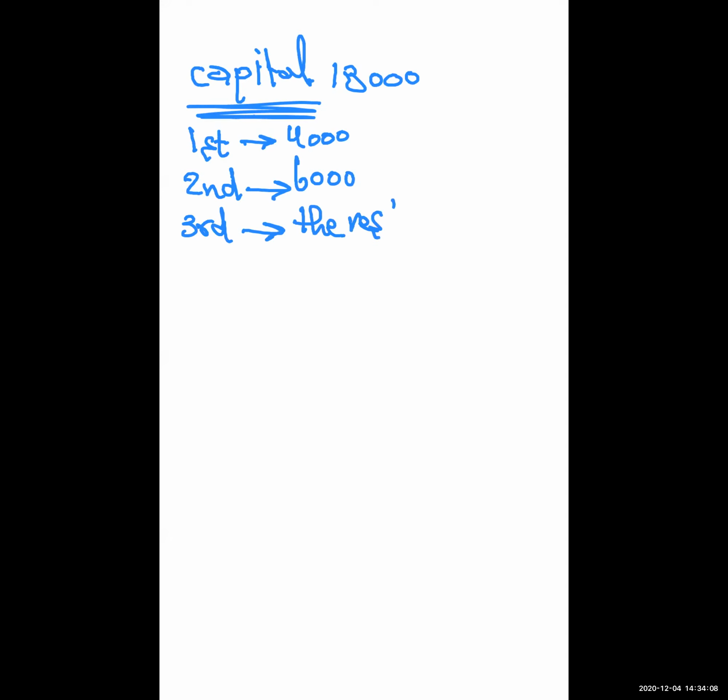Okay. What's the meaning of the third paid the rest? This means, guys, the total amount is 18,000 for this project. The first paid 4 and the second paid 6. The third paid the rest, means he paid the remaining amount from this 18,000. So how much did the third pay? He paid 18,000 minus 4,000 plus 6,000.